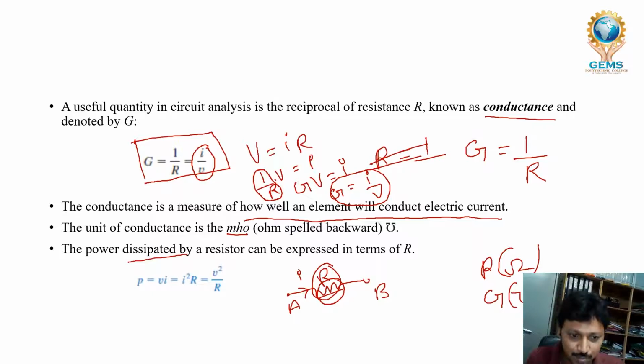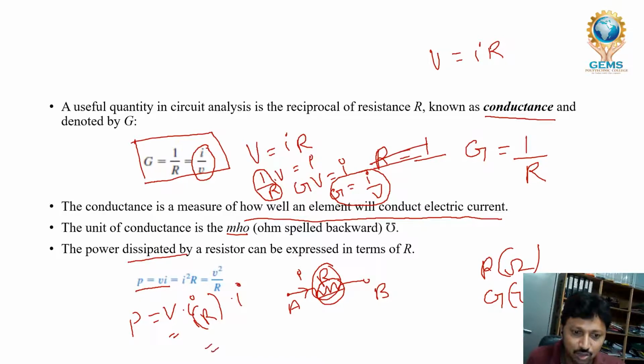The equation is P is equal to V into I. Using Ohm's law, V is equal to I into R. We substitute I R in place of V, so I R into I is equal to I square into R, right?